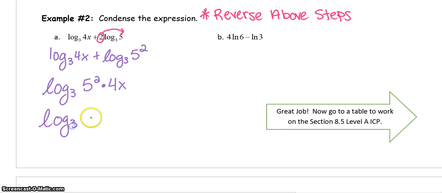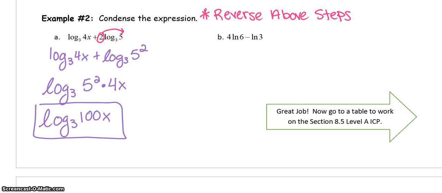So log base 3, 5 squared is 25, and 25 times 4 is 100. So to recap what we just did there, for our first step, we used the power property, and then for our second step, we used the product property.